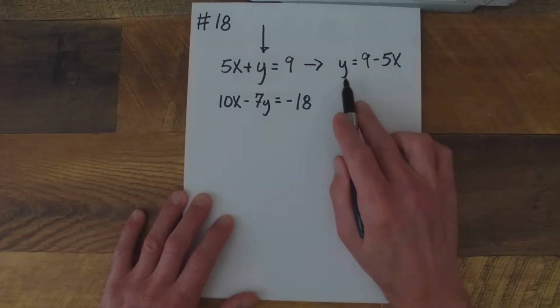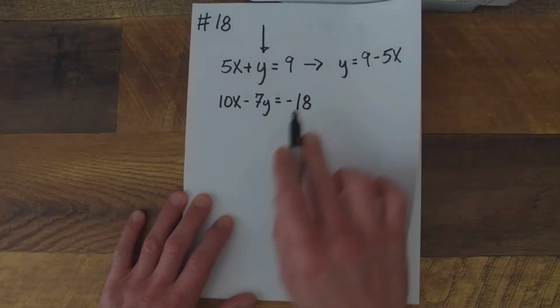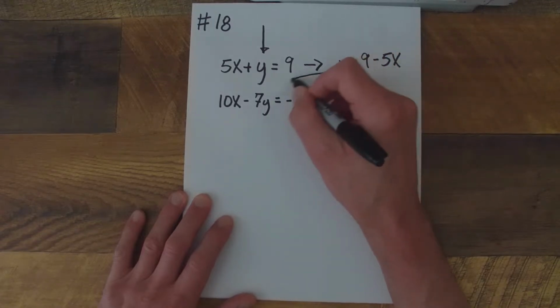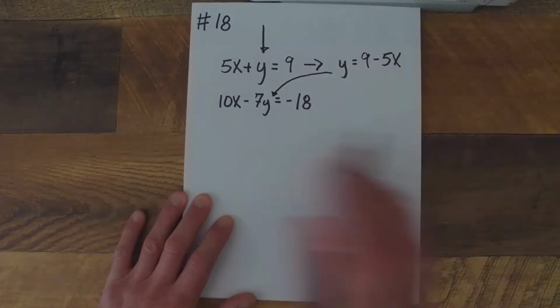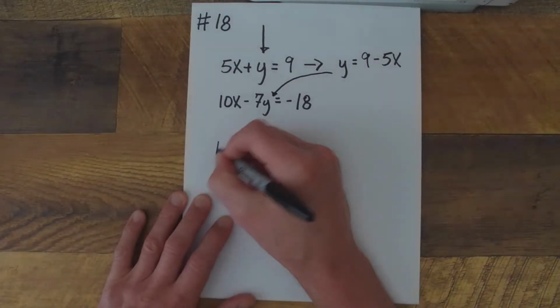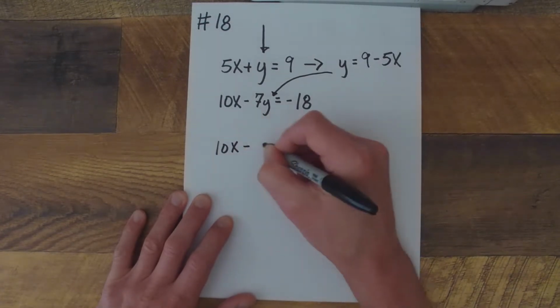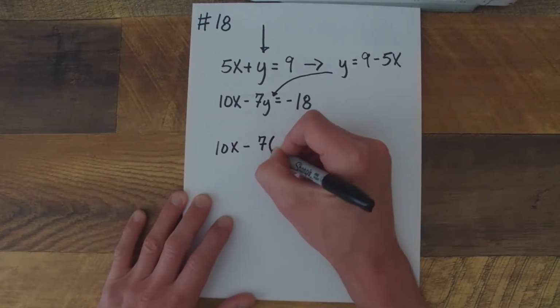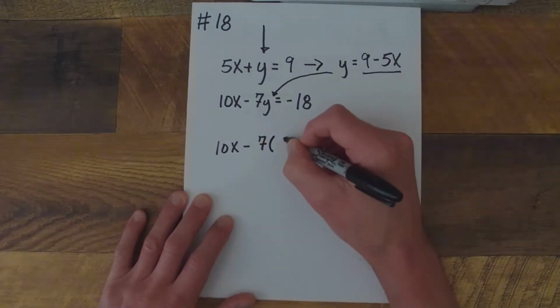Now that we have a variable that is isolated, we can substitute it here. So I'm going to start rearranging this problem. 10x minus, instead of 7 times y, we know what y is, so let's substitute that.